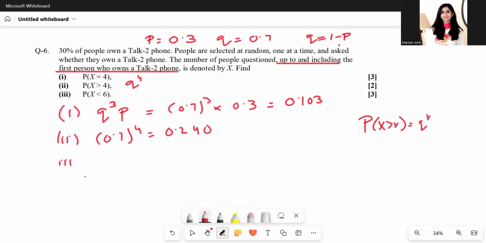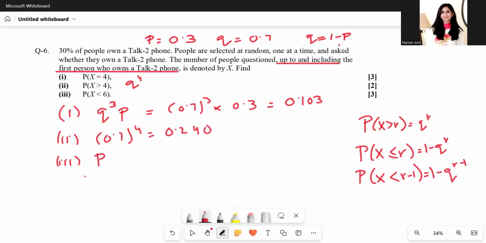And in part 3, we have to find probability x is less than 6. The formula for probability x is less than or equal to r is 1 minus q^r. But if we have to change it into less than sign, then we reduce r by 1. And the formula changes into this: r becomes r minus 1.